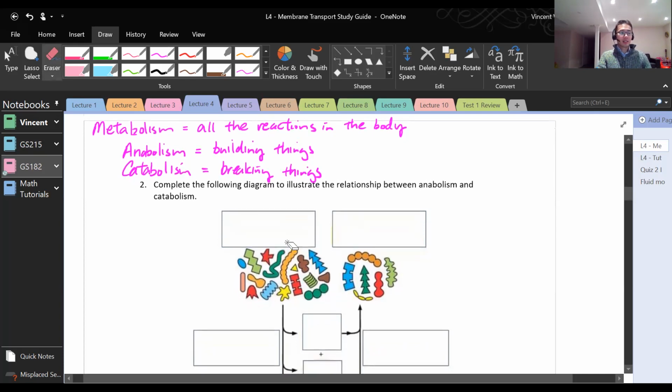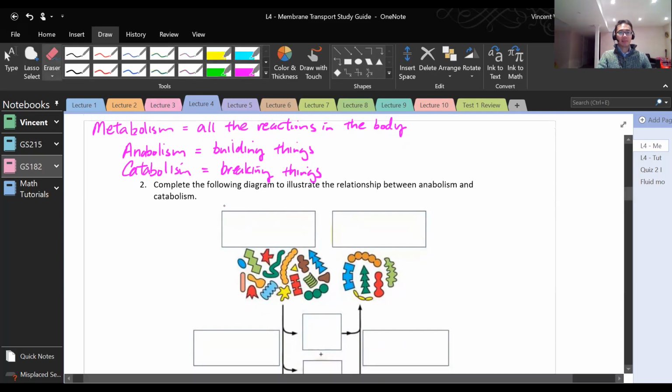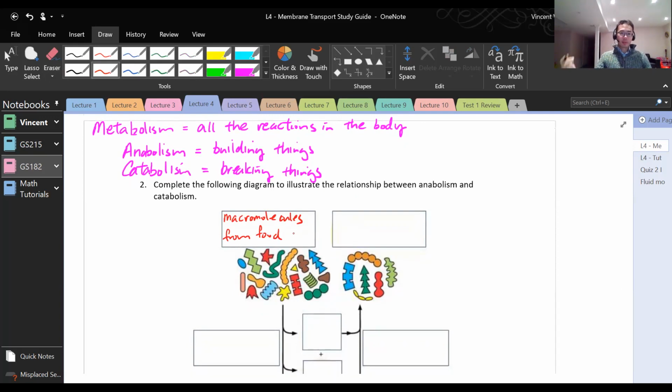Over here in this diagram, these are macromolecules from our diet. We ate them. So you ate a sandwich, you're going to have some carbohydrates. Maybe you slap on a piece of cheese, then you're going to have some lipids and some proteins.